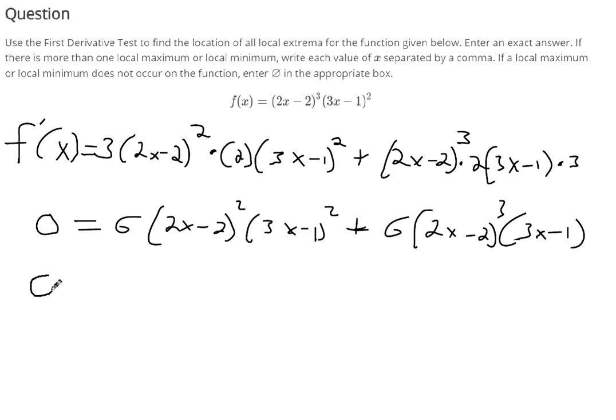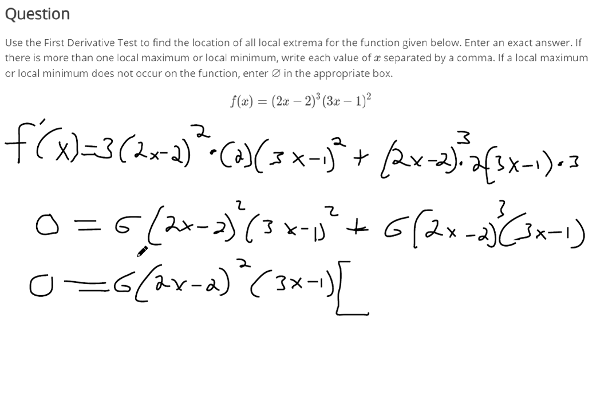Okay, and then look at the two terms and see what we can factor out. Because if we factor this, it'll be easy to set it equal to 0. So both terms have a 6 that we can factor out. Both terms have at least 2x minus 2 squared. And both terms have a 3x minus 1 to the first power.